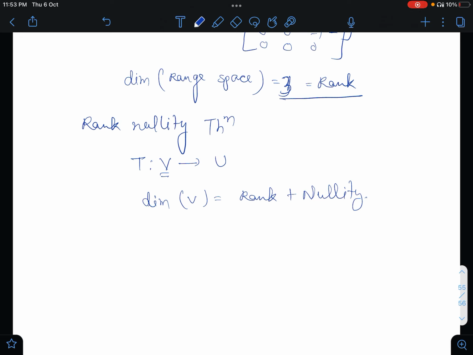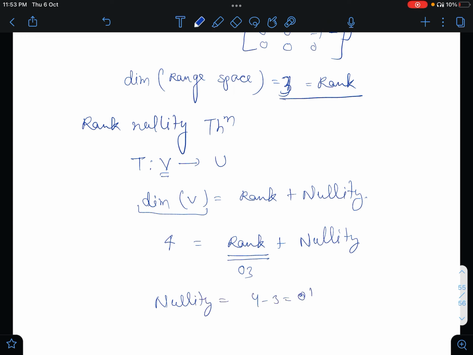In this given question the dimension of V is equal to 4. So 4 is equal to rank plus nullity. Here the rank is equal to 3. That means nullity is equal to 4 minus 3, which is 1. So the rank is 3 and the nullity is 1.